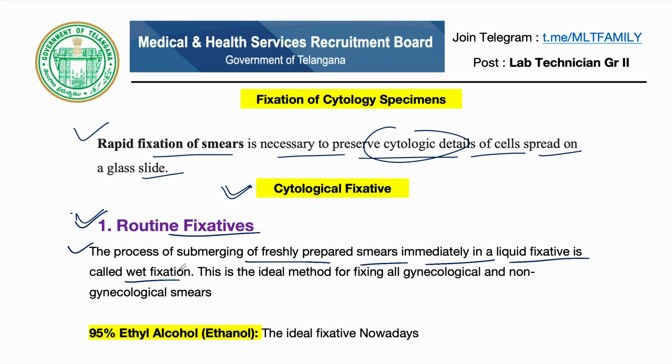This is the ideal method for fixing all gynecological and non-gynecological smears. Wet fixation is ideal in cytology. The most common and ideal fixative today is 95% ethanol or ethyl alcohol, which we use in our labs.